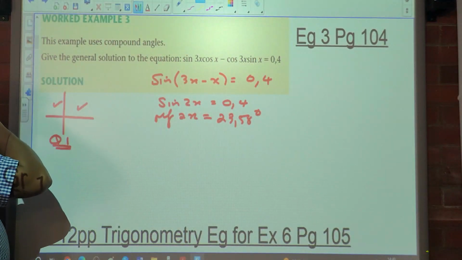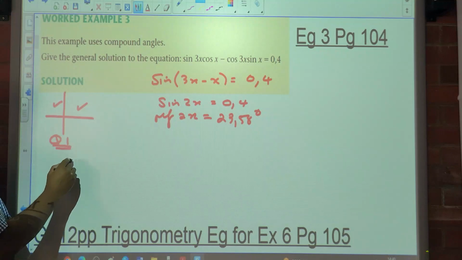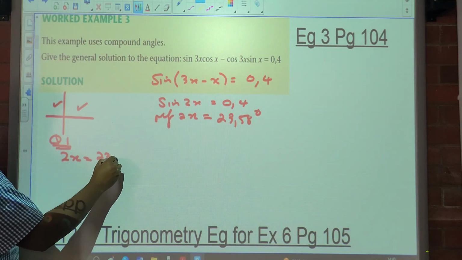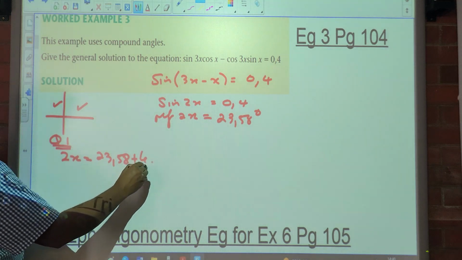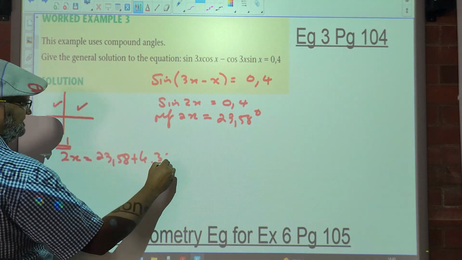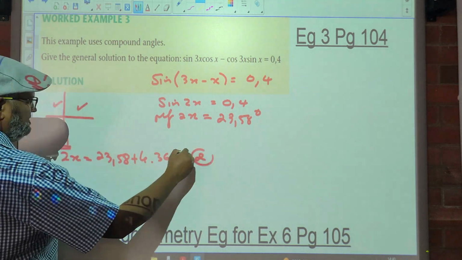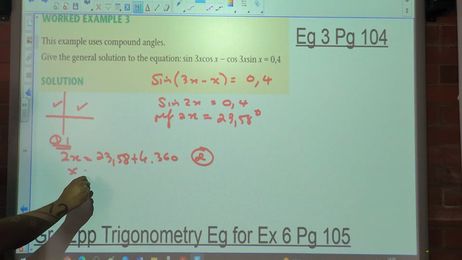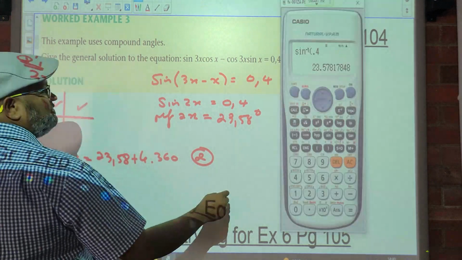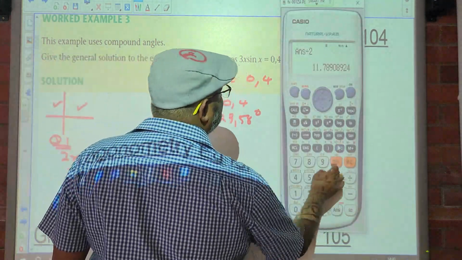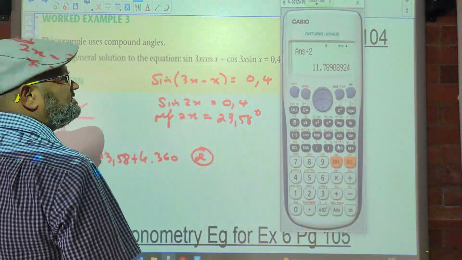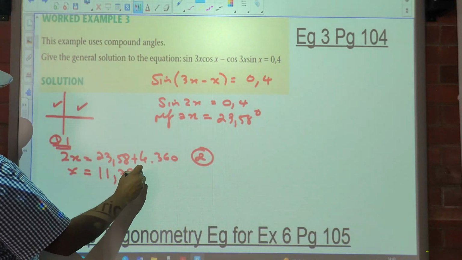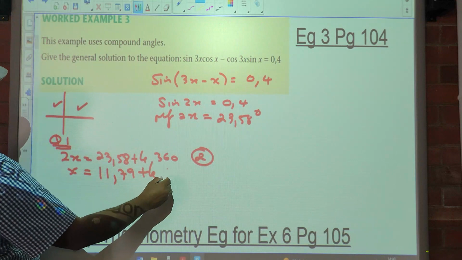How do we get into quadrant 1? So it will be 2x is equal to 23.58 plus k times 360. So we divide by 2, not so? So x is equal to 23.58 divided by 2, which gives me 11.79, plus k times 180.